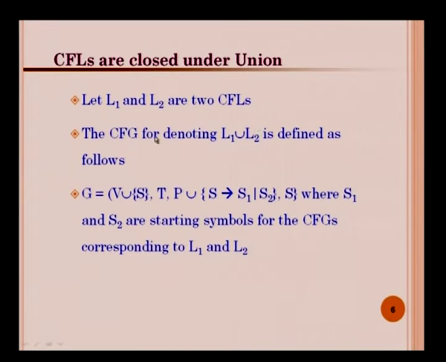So the grammar being used for the language L1 is going to have a start symbol called S1, and the grammar being used for the language L2 is going to have a start symbol called S2. And this S1 is a start symbol for any string recognized from L1. S2 is the start symbol for any string recognized from the language L2.